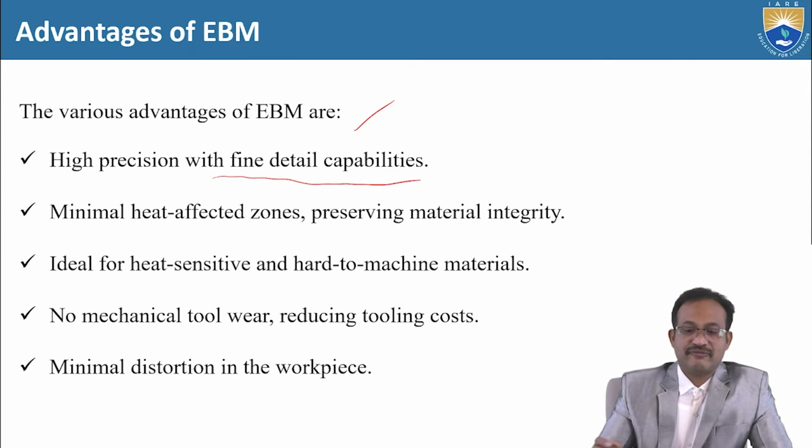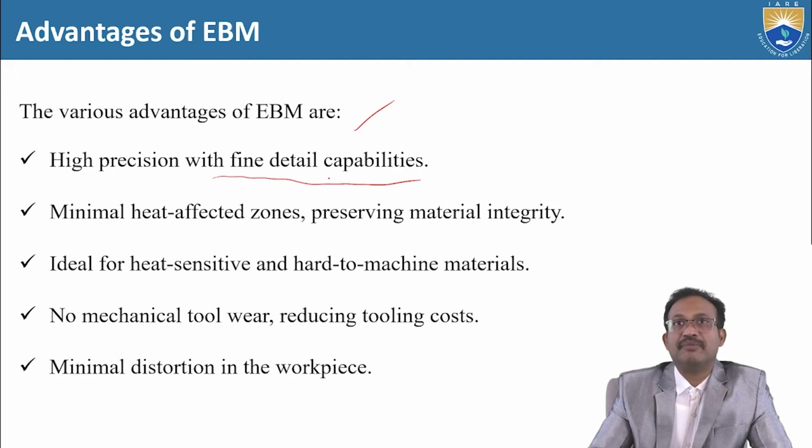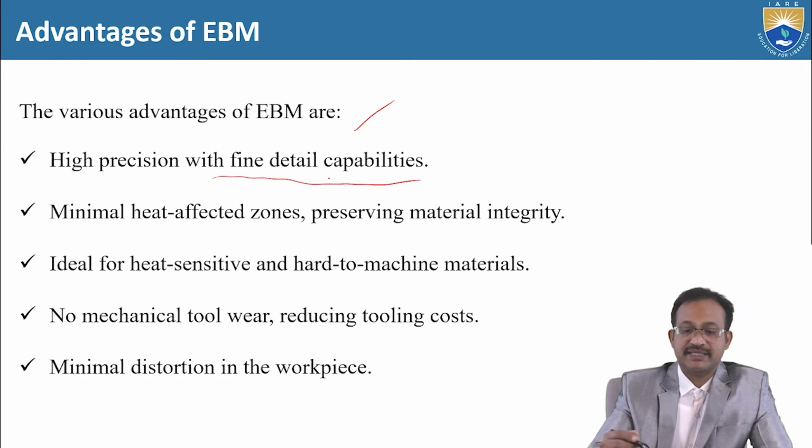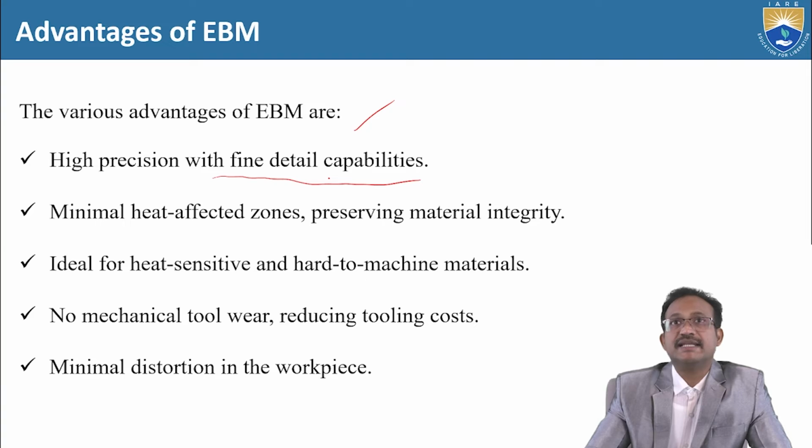That means we can make holes with high precision, and the tolerance will be in the given range. Fine detail capabilities means it will not affect the other edges or any other features of the workpiece already provided.